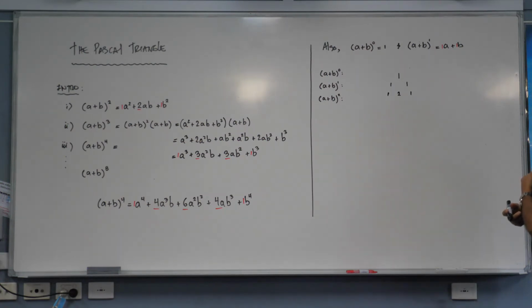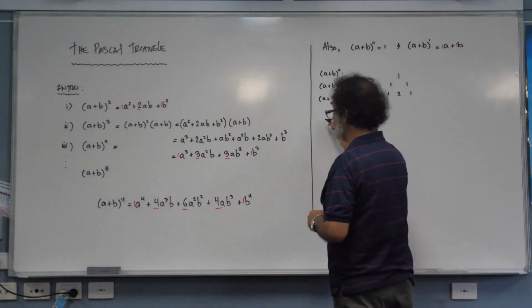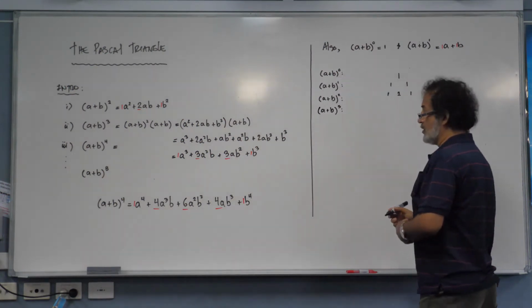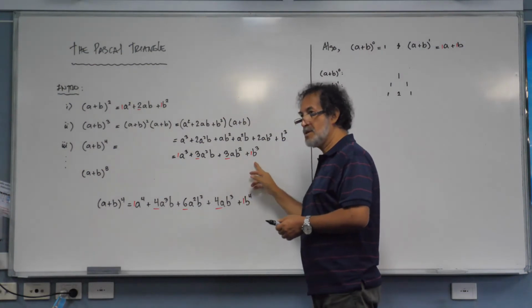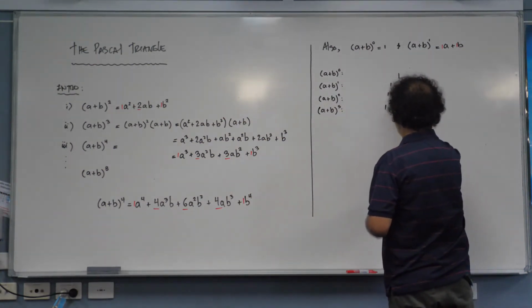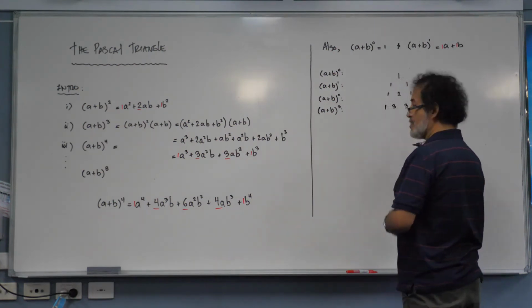For (a plus b) cubed, what do we have? So we have 1, 3, 3, 1. Okay, so we're going to say 1, 3, 3, 1.